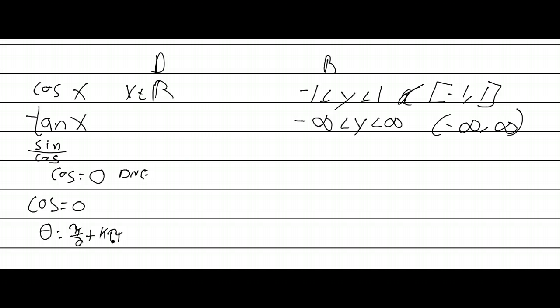So we have to say that x is all real numbers except when x is equal to pi over 2 plus k pi, where k is an integer, positive or negative, it doesn't matter. So it's every number except pi over 2 plus k pi. Okay, and your range is -infinity to infinity.